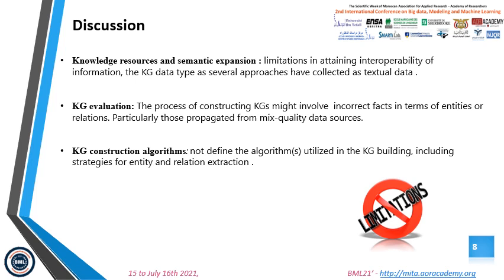Secondly, knowledge graph evaluation: the process of constructing a knowledge graph may involve incorrect facts in terms of entities or relations, particularly those propagated from mixed quality data sources. And finally, the KG, or knowledge graph, construction algorithm is not defined in the KG building, including the strategy of entity and relation extraction.